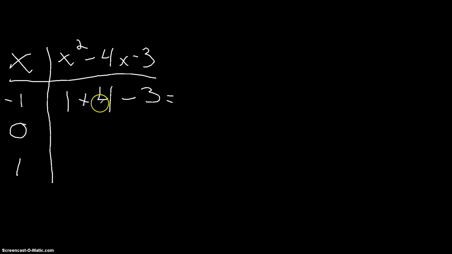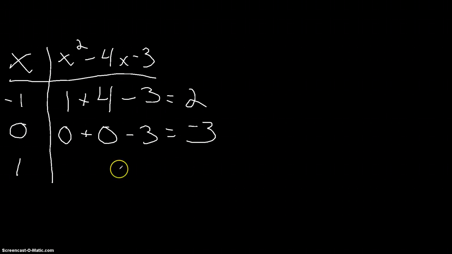So 1 plus 4 is 5, minus 3 is 2. Alright, so 0 squared is 0, negative 4 times 0 is 0, minus 3. So that would be negative 3.